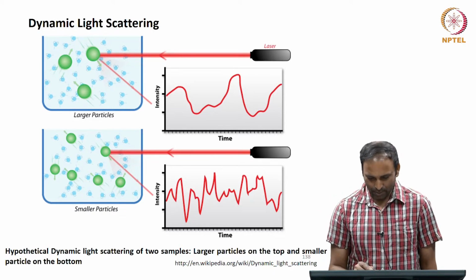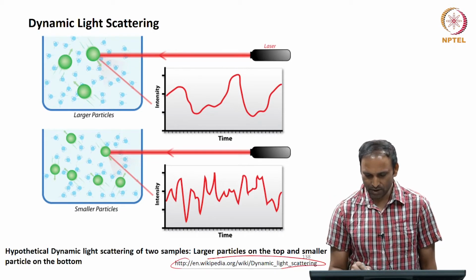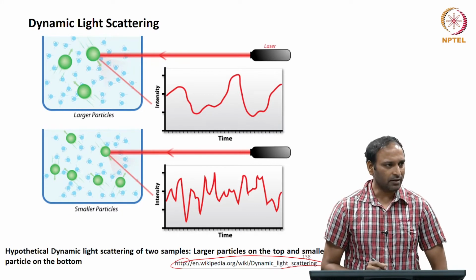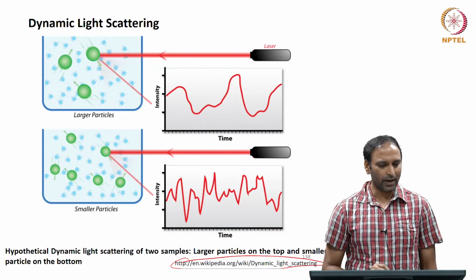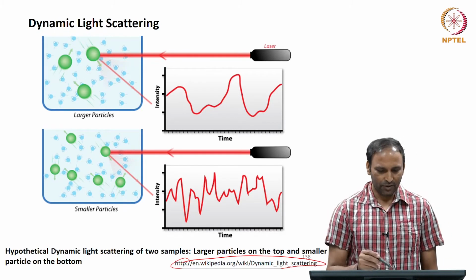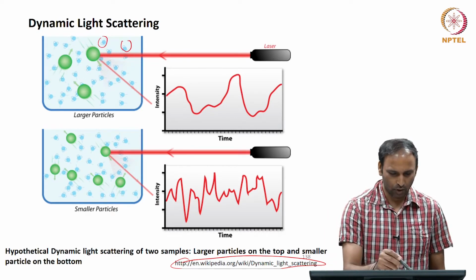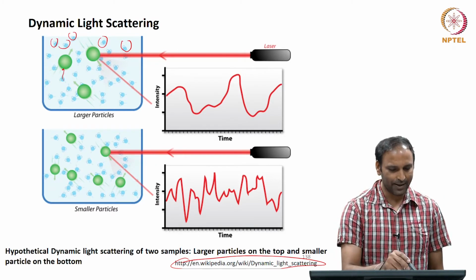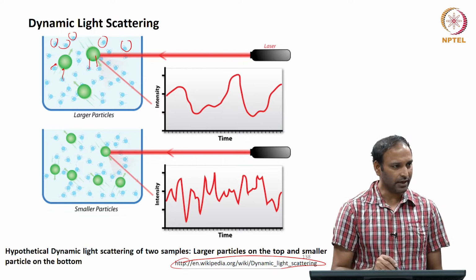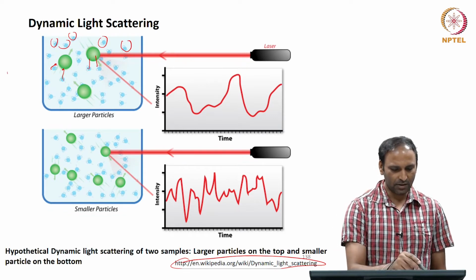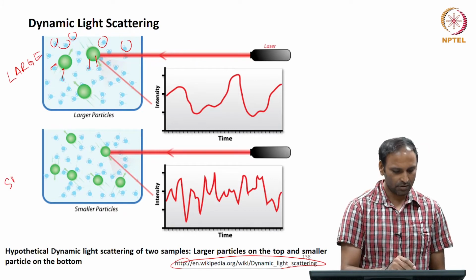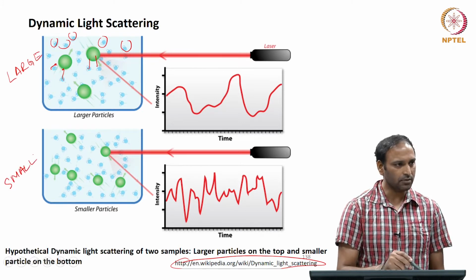Again, I've taken this example from the source. What you're looking at is a schematic where these are all water molecules, and they are essentially bombarding the particle. This is a large particle, this is a small particle.